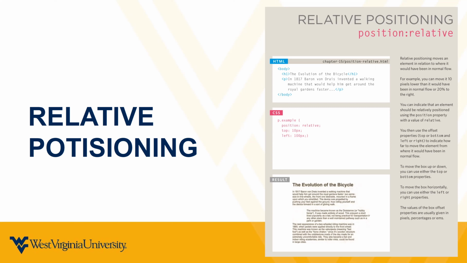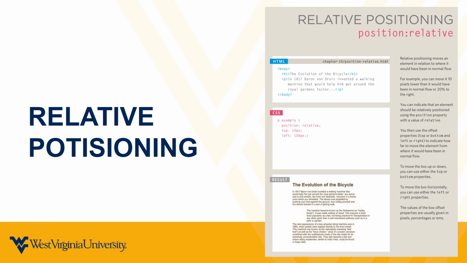That's about 10 pixels, so that's top because it's the top of the text. Then the left is 100 pixels, and you see how that one paragraph in the middle is shifted all the way to the right. So it's adding 100 pixels to the left.